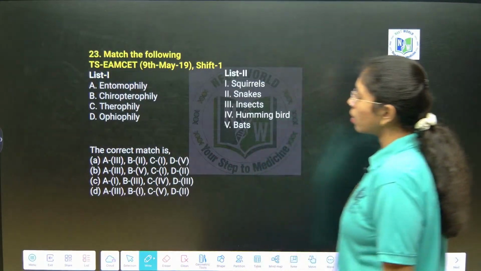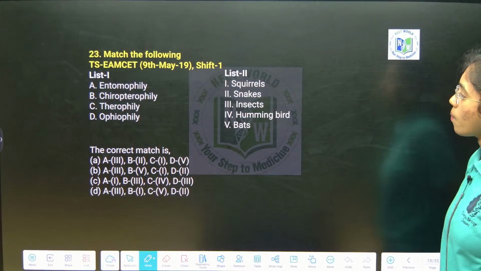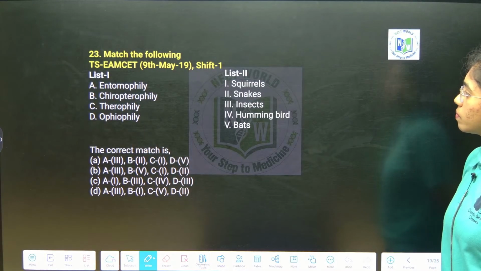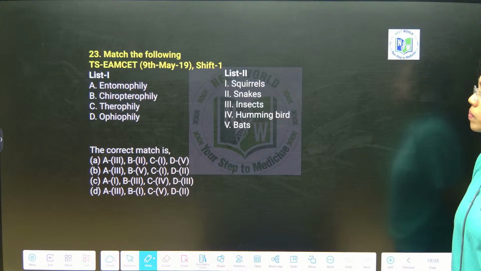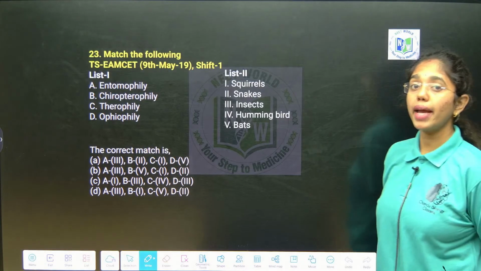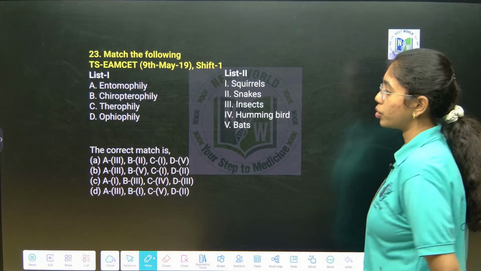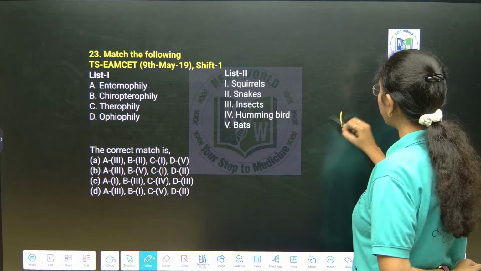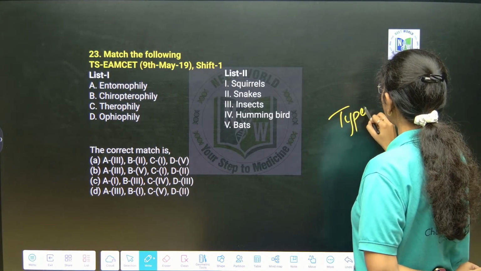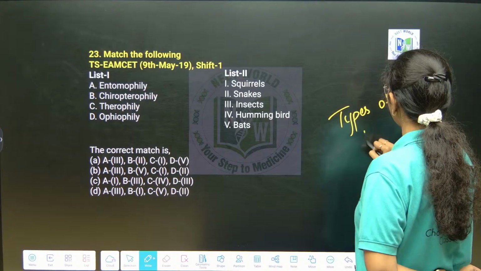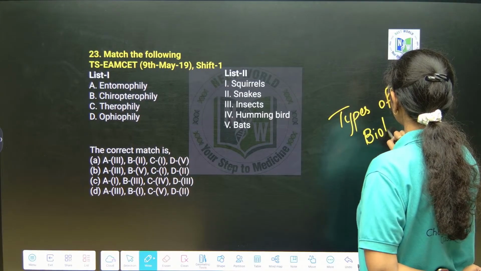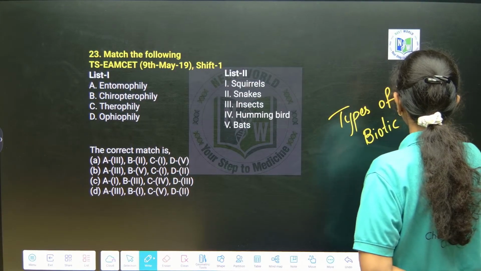Next question is about the match the following type. This is from types of biotic pollinating agents.